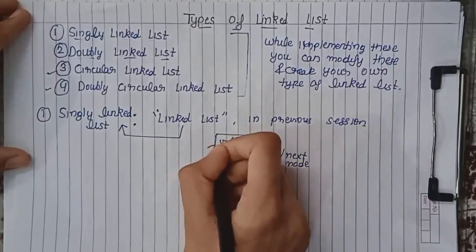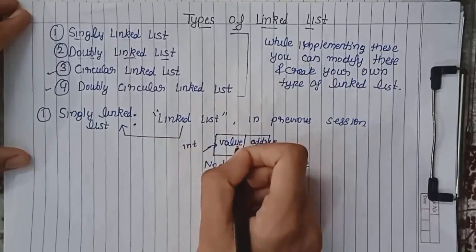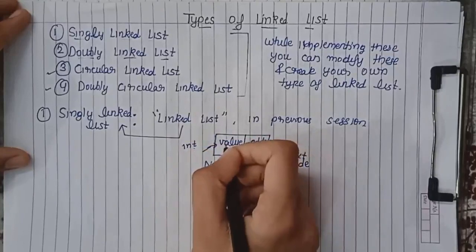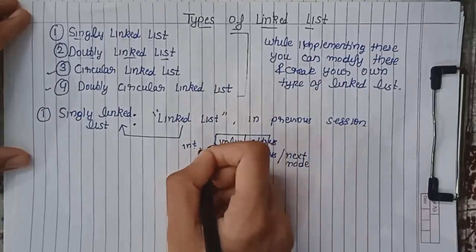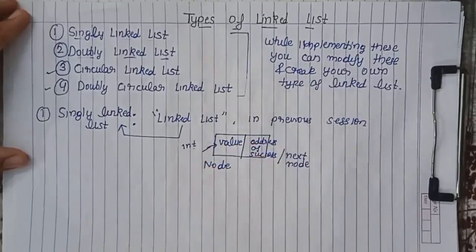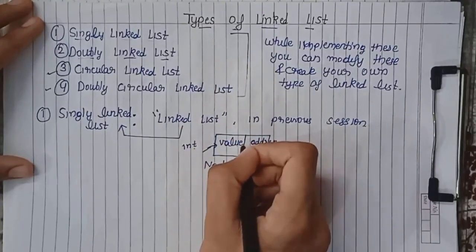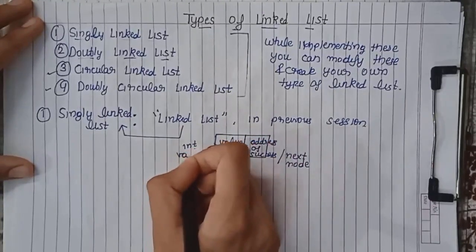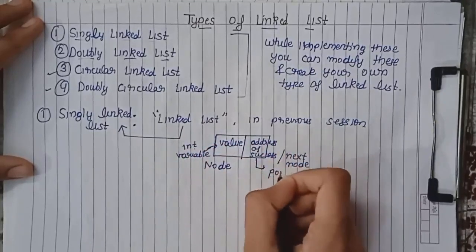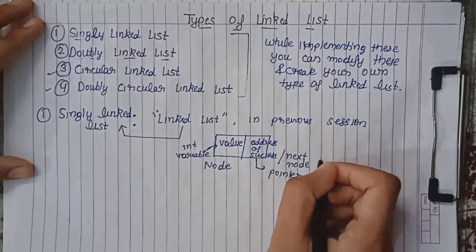Since this is a value, if it's an integer value, then it's an integer variable. If it's a character type value, then it's a char variable. If it's a string type value, then it's a string variable. If I consider this value as an integer value, then it is an int type variable, and this is the respective pointer to store the address of the next node.